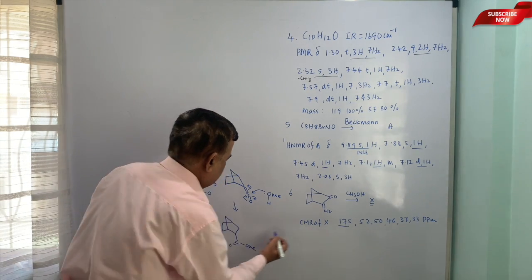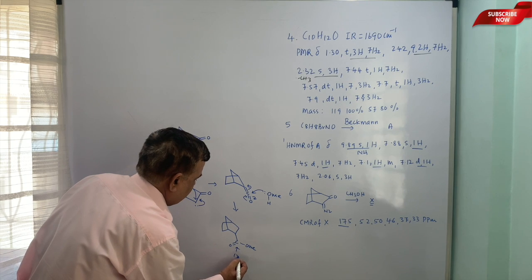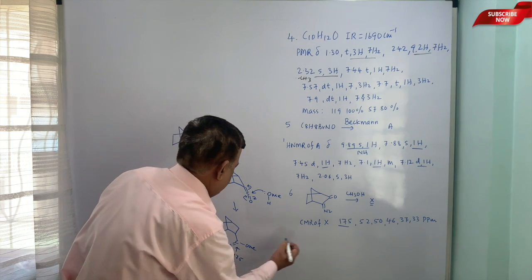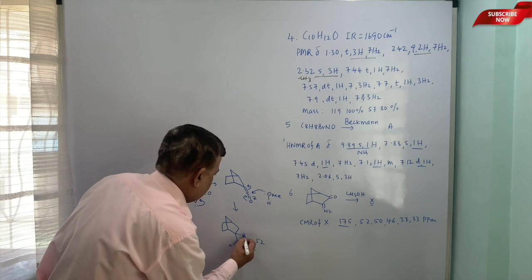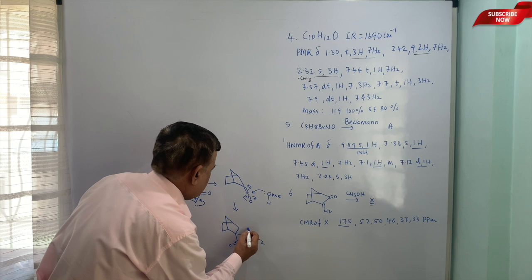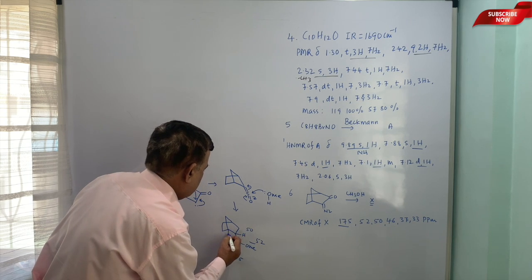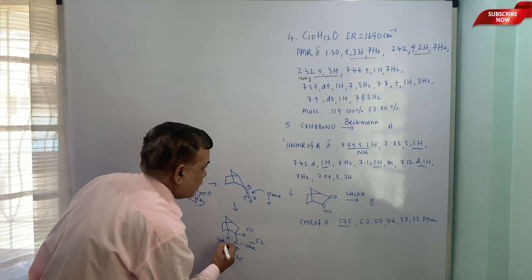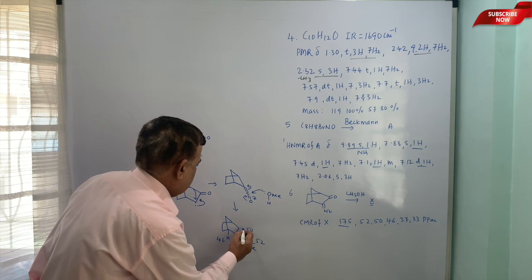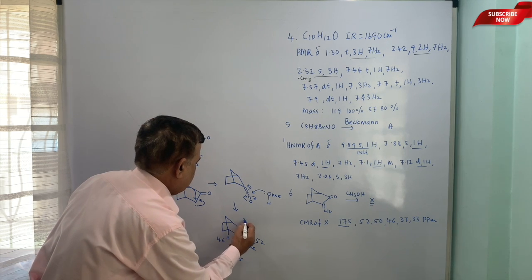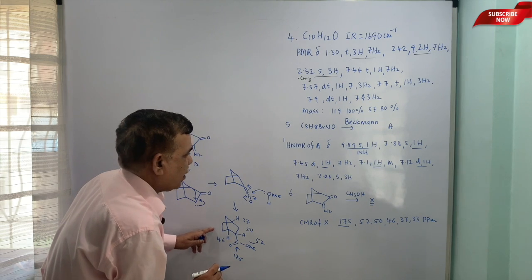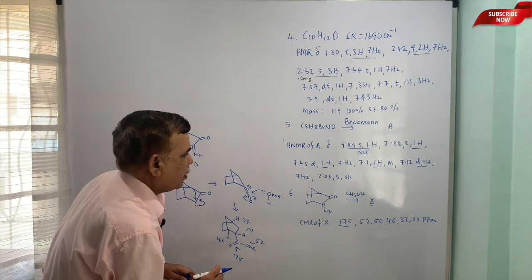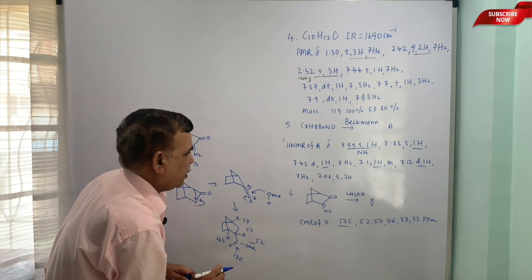Now, 175 is this ester carbonyl, 52 is this one OCH3, 50 looks like this one, then this is 46, then 37, maybe this is 37, we do not know, and then 33.